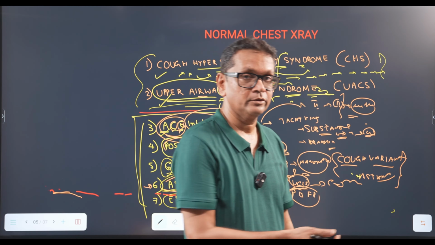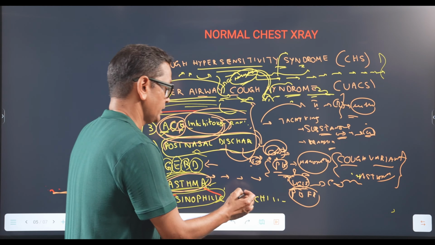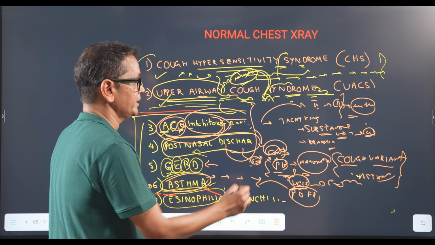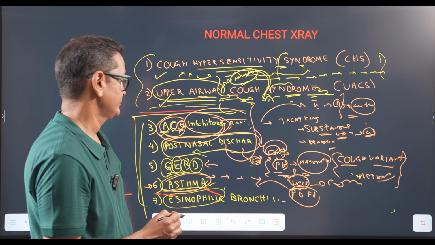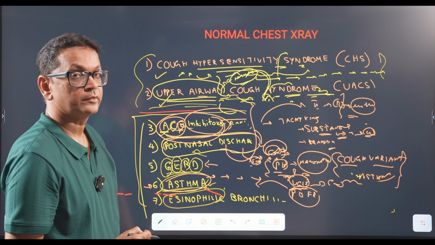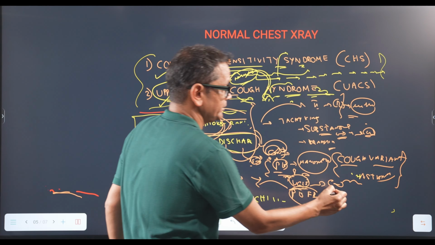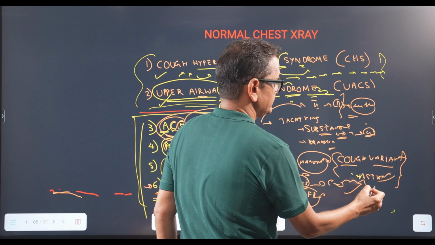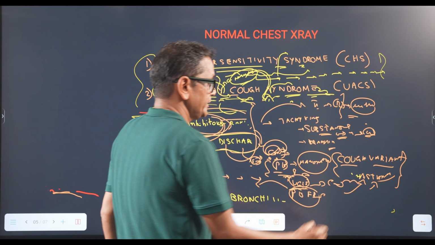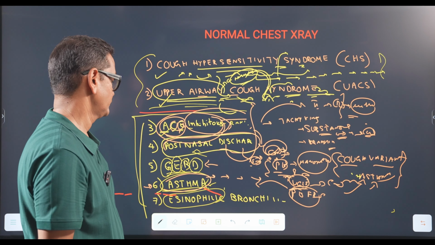So at home also they can monitor, and you can arrive at a diagnosis of asthma as far as chronic cough is concerned. Okay. So both a diagnostic trial and a therapeutic trial with a beta 2 agonist you can give.